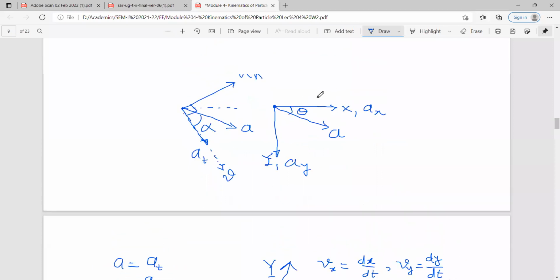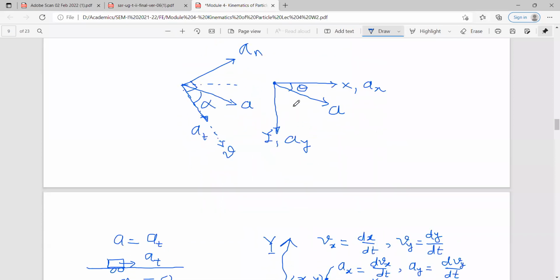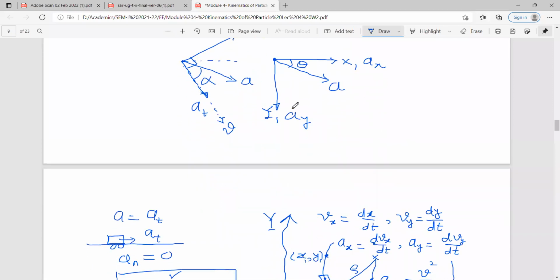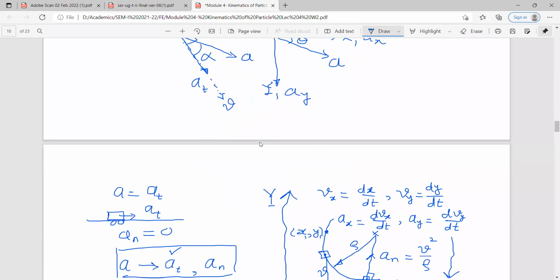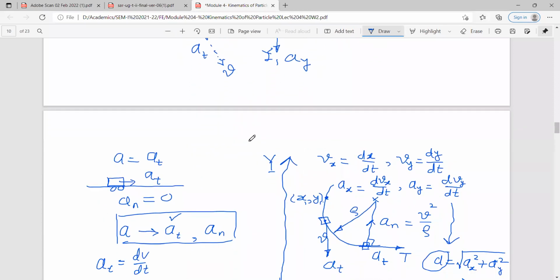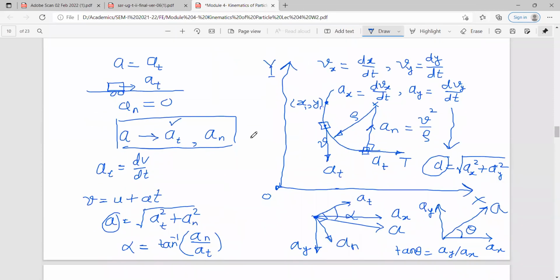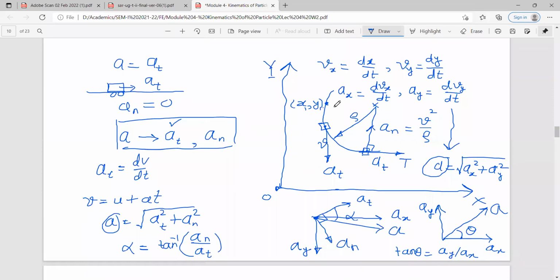Okay, so we will solve the examples and try to make things more clear. I hope that you understand the two cases: when an object moves along a line, that is translation or linear motion, and the difference between linear and curvilinear motion.